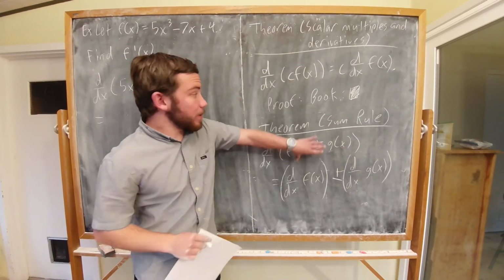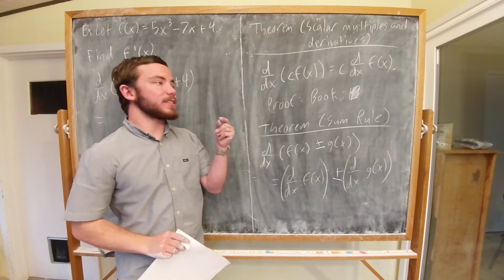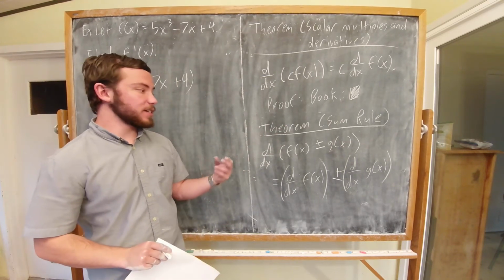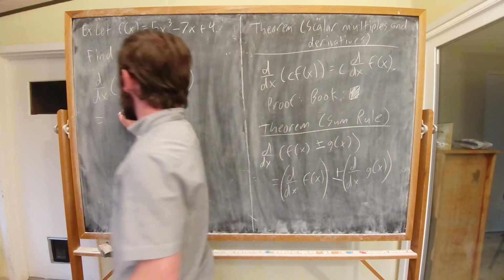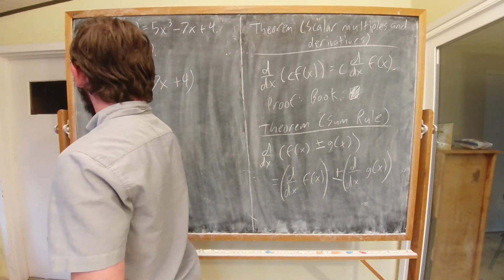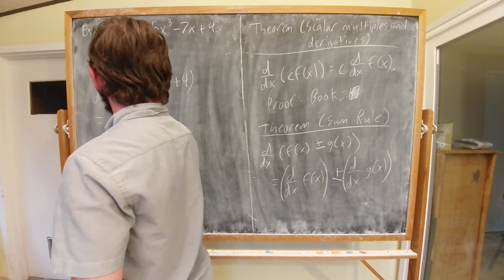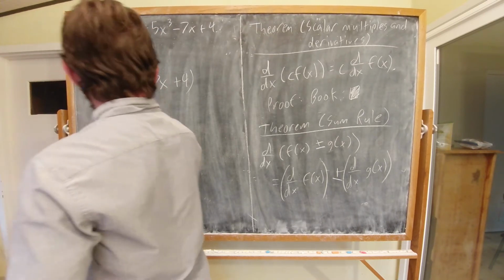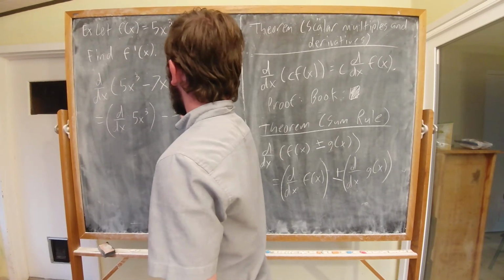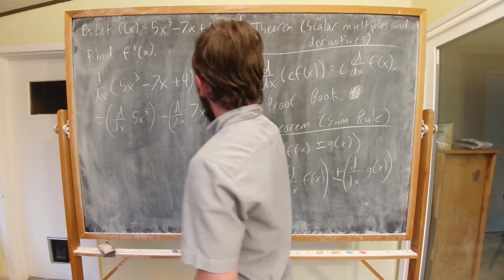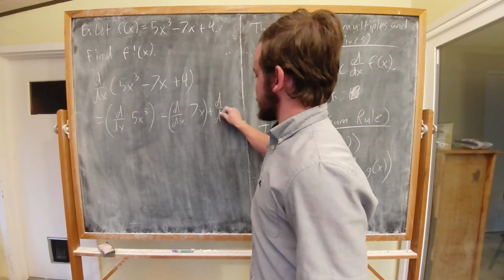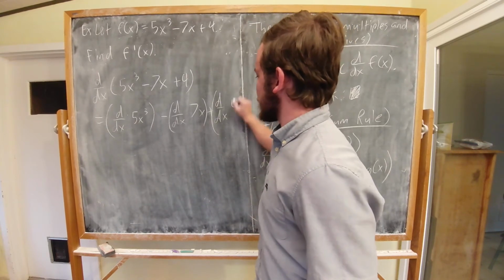Okay, even though we've only stated the sum rule for two functions, it works for as many as you want. So we can split up across these plus or minuses. So this is the derivative with respect to x of 5x cubed minus the derivative with respect to x of 7x plus the derivative with respect to x of 4.